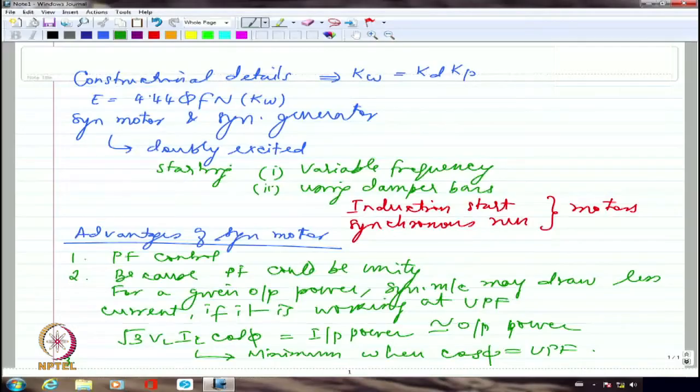So I have to make the air gap as small as possible, so that the magnetizing current drawn in the case of an induction machine becomes really small as possible. So I can't afford to have a little larger air gap, whereas in synchronous machine I can afford to have a little larger air gap. Maybe there is some kind of load which is going to have a little torsional motion.